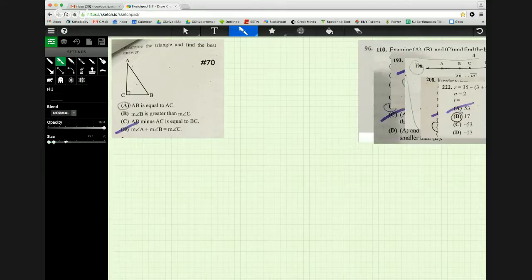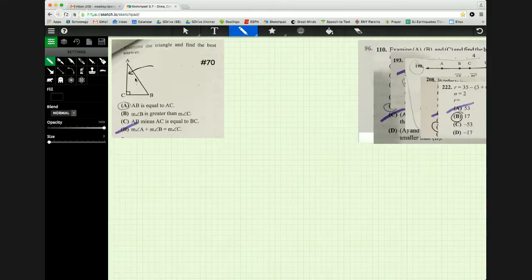You do not know how long any of these sides are because they're not marked. So while this side looks bigger than this side, you can't know that this side is actually longer than this side.